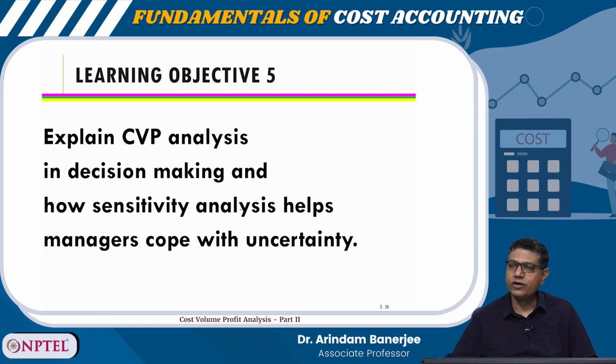This is very important because ultimately, the main motivation behind doing this exercise is that it should help managers in decision making. So we will see how it can help.